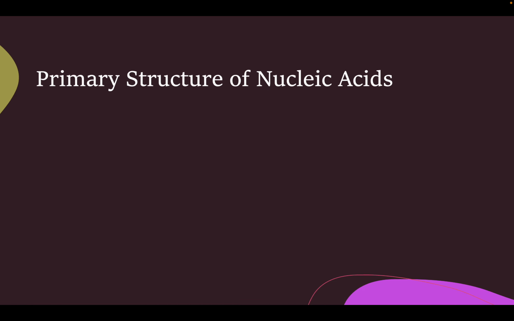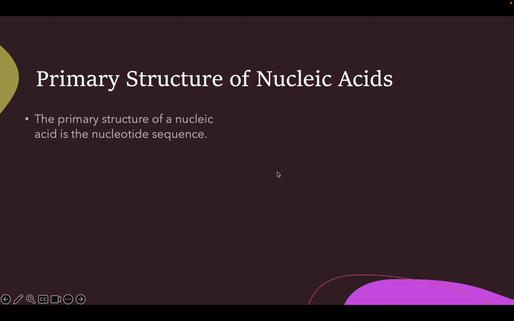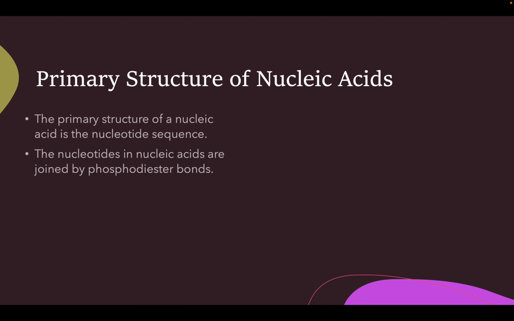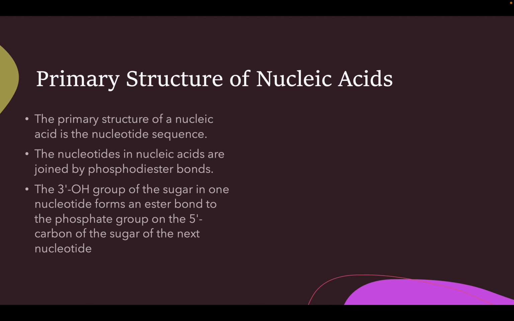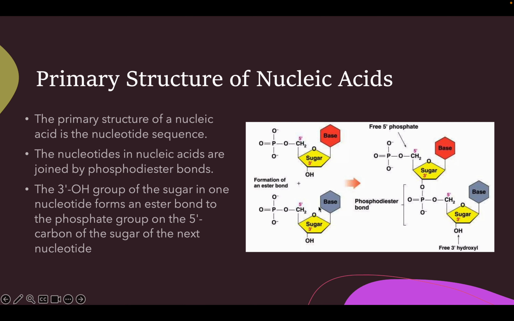So now what is the structure of the nucleic acid? As I have talked about, the primary structure is the linear structure, the nucleotide sequence, a long chain of monomers of nucleotides, and the different nucleotides, like first nucleotide, second nucleotide, are joined together by the phosphodiester bond. So here you can see we have one nucleotide, and then this is another nucleotide, and when they combine, there is formation of the phosphodiester bond.